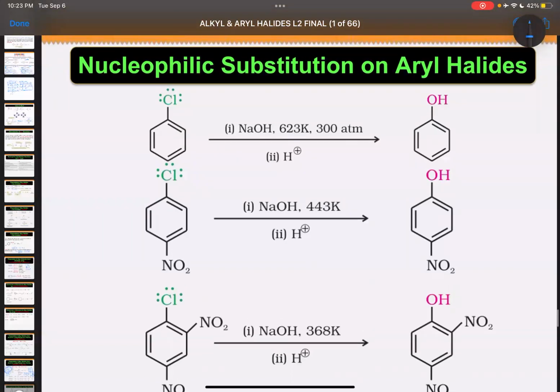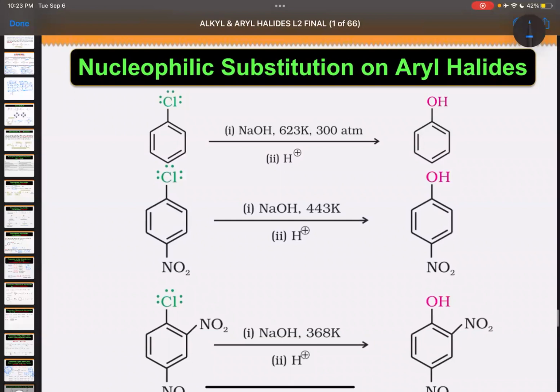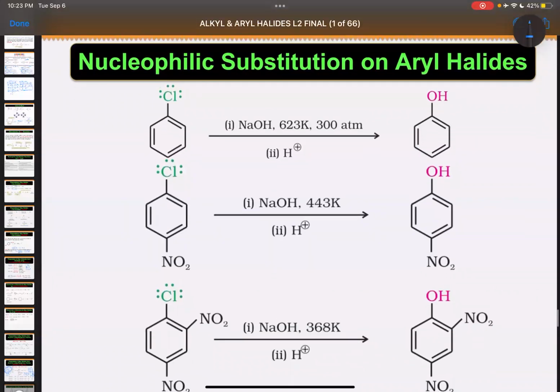If it is very difficult, does it happen quickly, or do we need special conditions to make it happen? And what's the mechanism? Is the mechanism SN1 or SN2? You can tell. Sir, it will take place under extreme conditions.